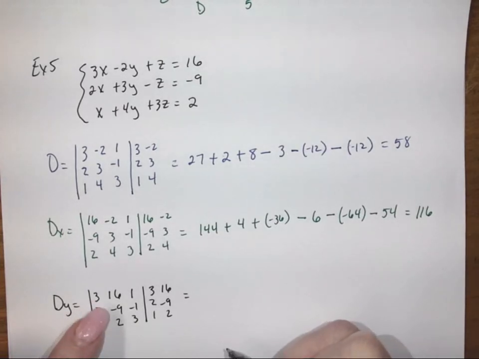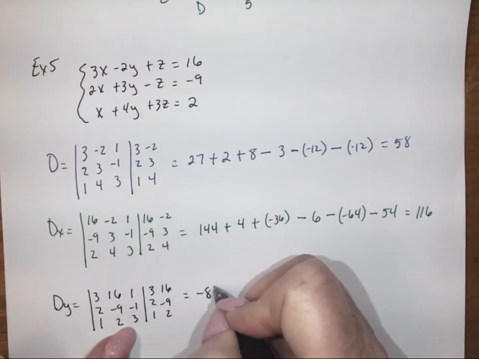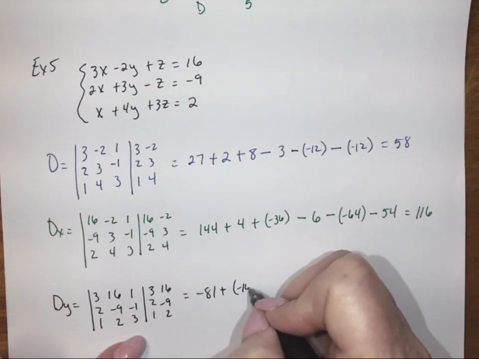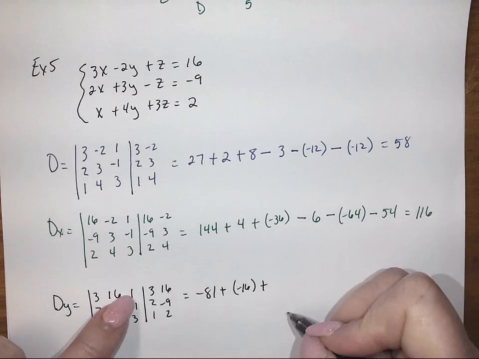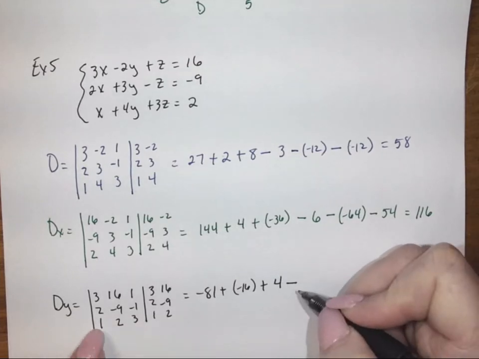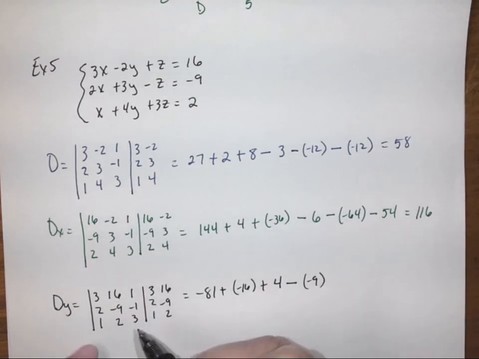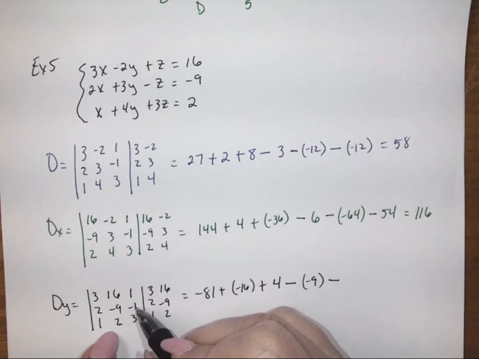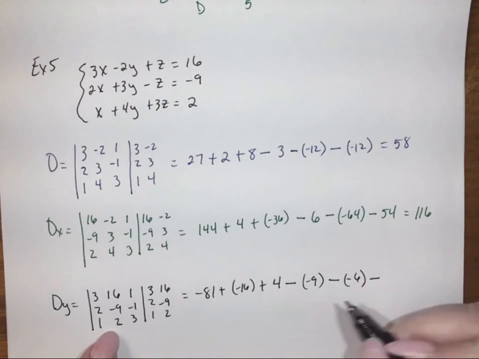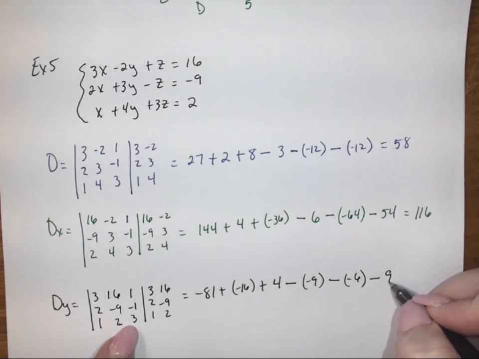So 3 times negative 9 times 3 will get us negative 81 plus 16 times negative 1 times 1 will be negative 16 plus 1 times 2 times 2 is 4 minus 1 times negative 9 times 1 is negative 9 and minus 2 times negative 1 times 3 will be negative 6 minus 3 times 2 times 16 will get us 96.